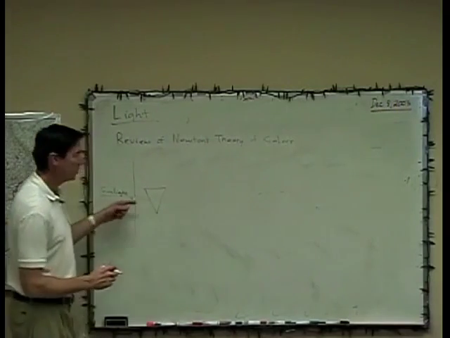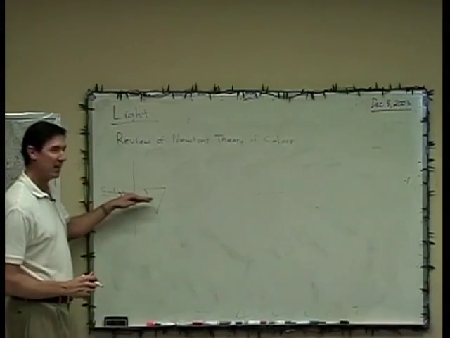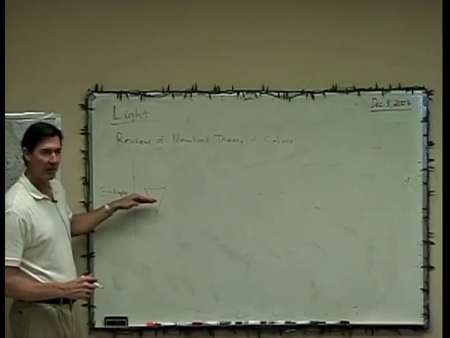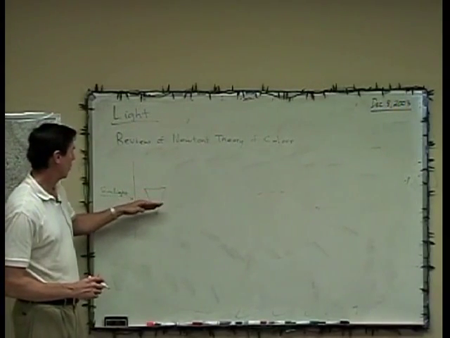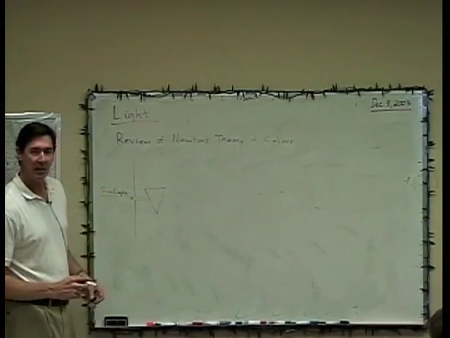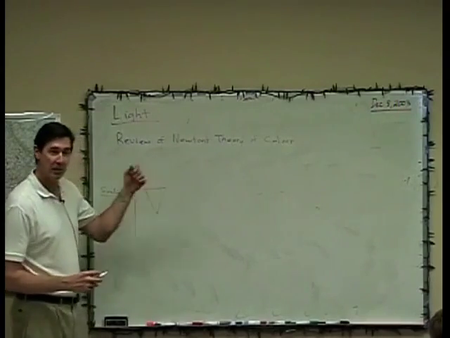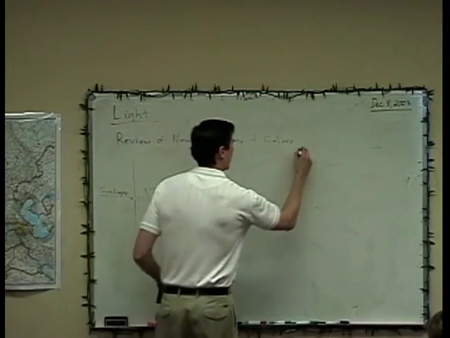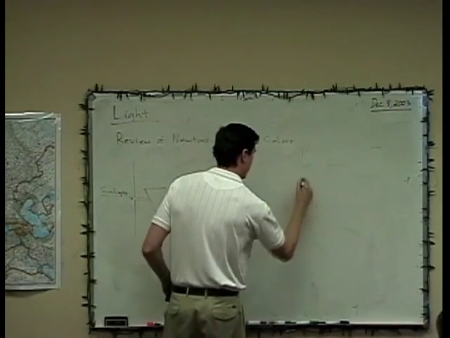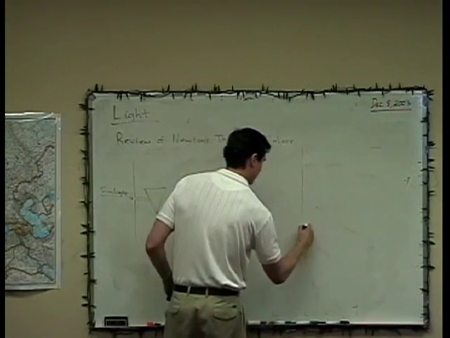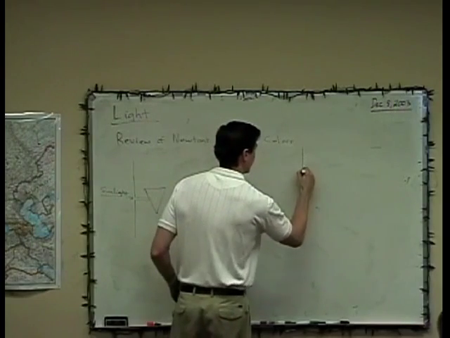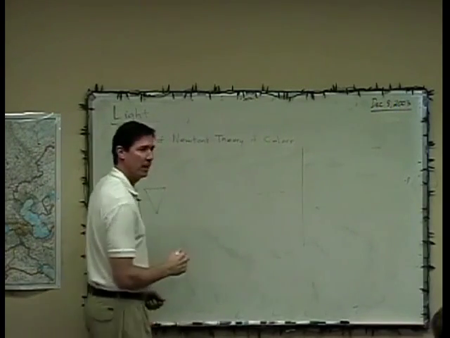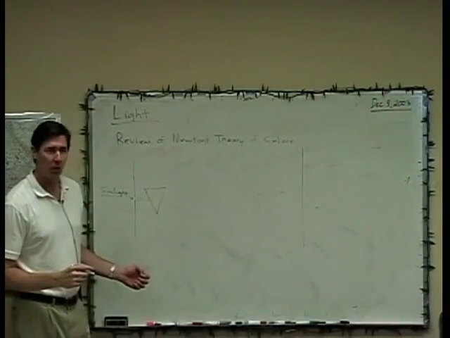Okay, so Newton knows that if he passes the sunlight through this wedge of glass, it's going to bend that light. And then he lets the light go across the room and be displayed on the far wall.